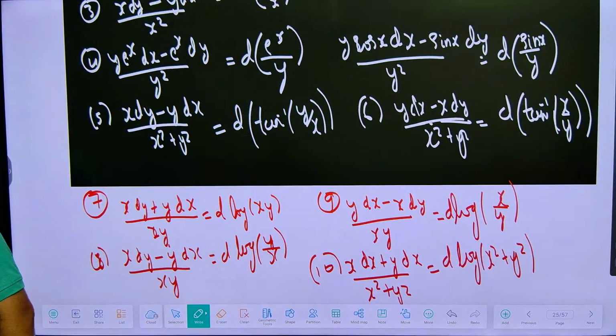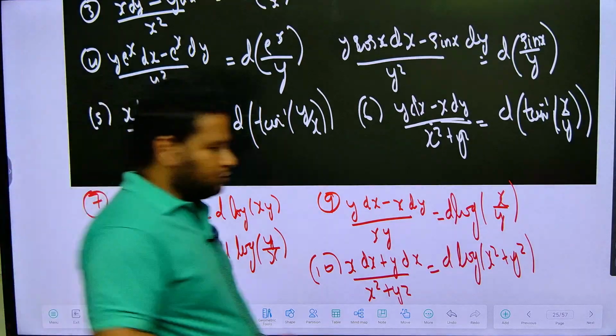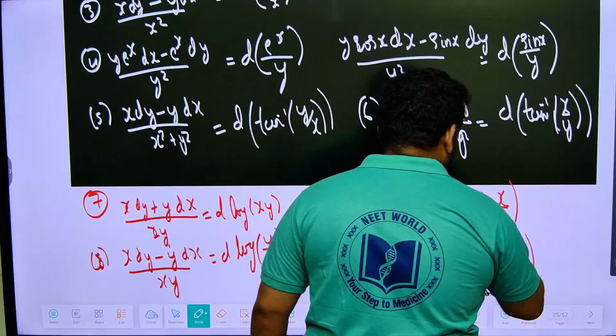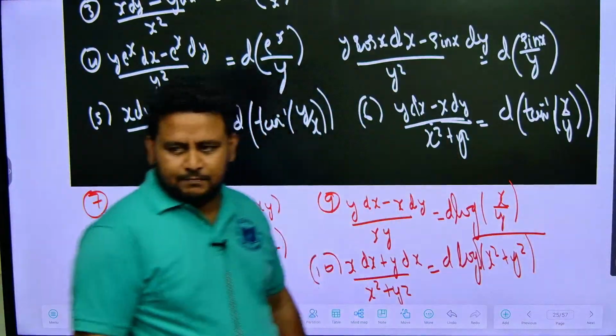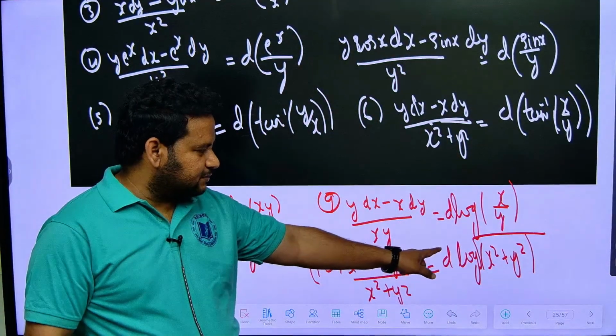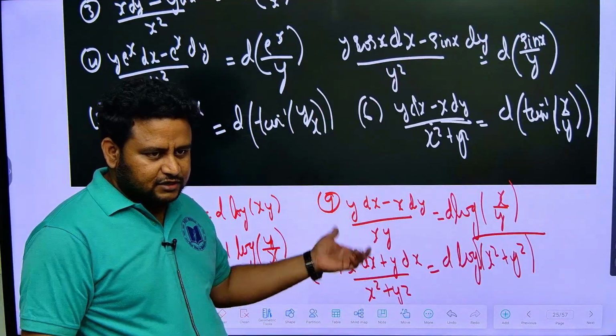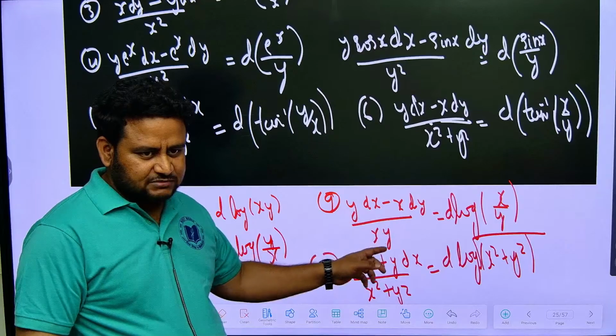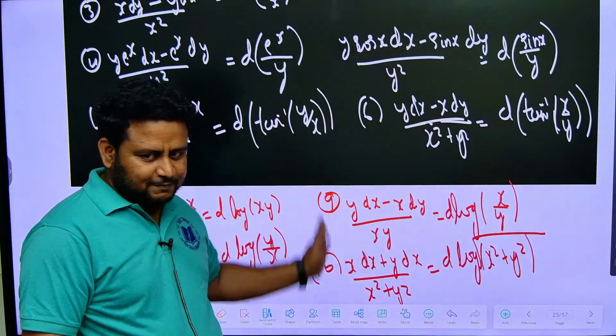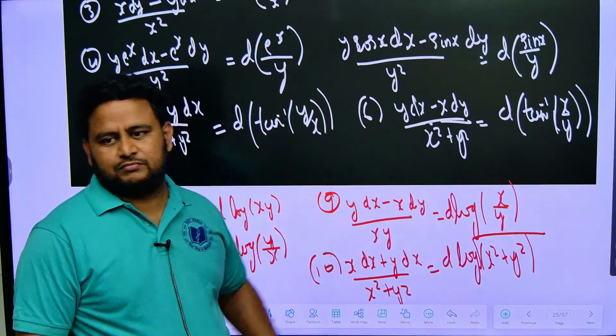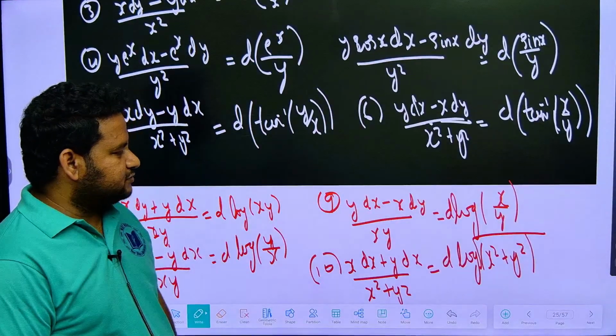Let me check. The derivative of log of x square plus y square is 1 by x square plus y square times 2x dx plus 2y dy. Removing the 2, it becomes 1 by 2, which means square root. So it is the derivative of log of square root of x square plus y square.